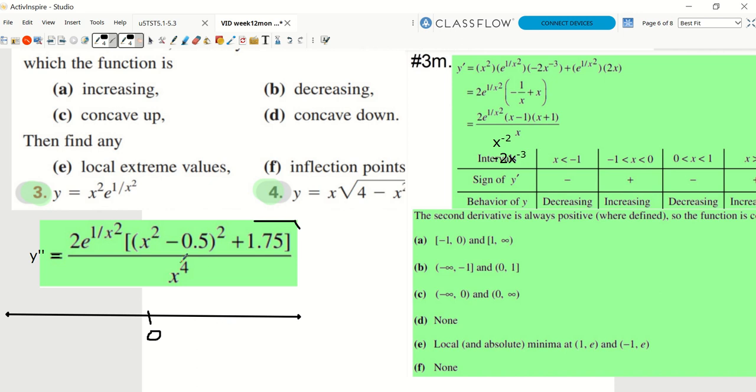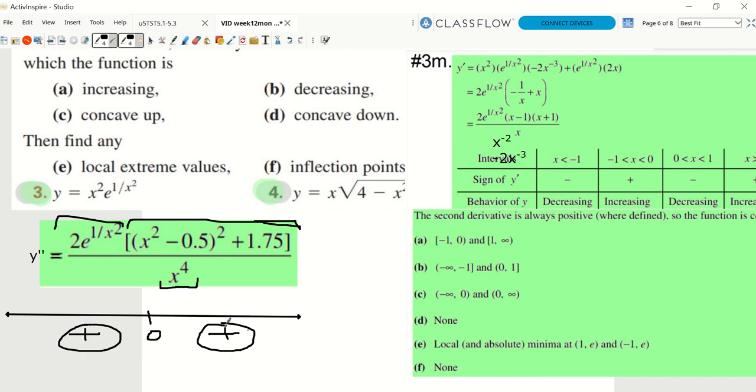We already established it's always going to be positive. Just like I showed over here, this whole thing is going to be positive, this is going to be positive, and this is going to be positive. So whether we pick 1 here or negative 1 here, it's still going to be positive.